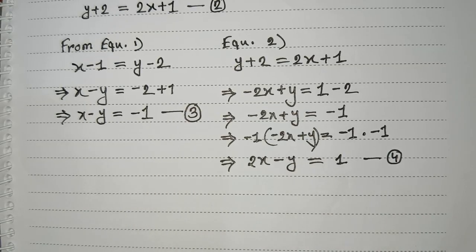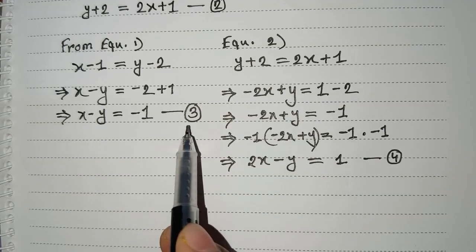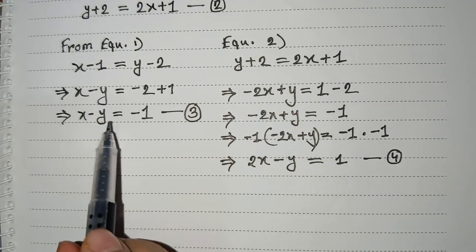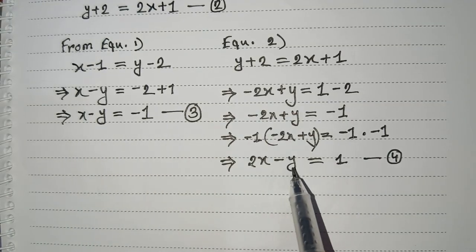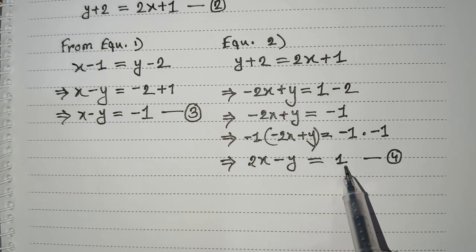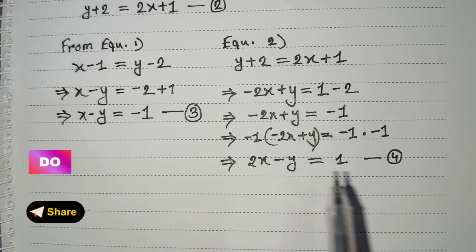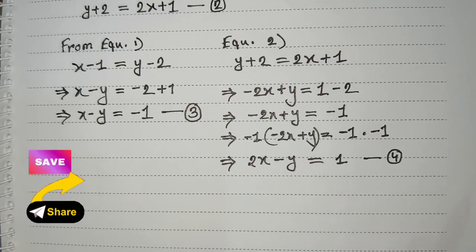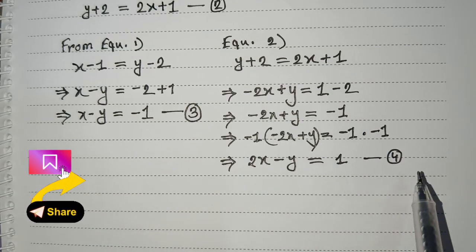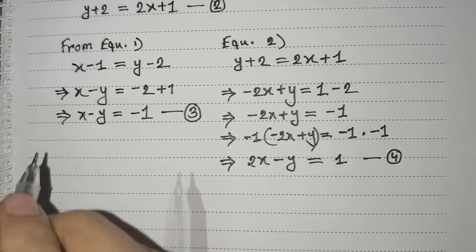Let's observe equations number 3 and 4. Here x minus y equals minus 1, and here 2x minus y equals 1. So here minus y and minus y. So we have to subtract equation number 4 from equation number 3.